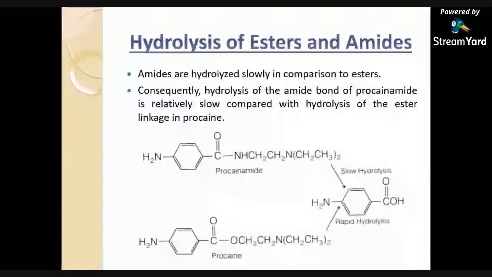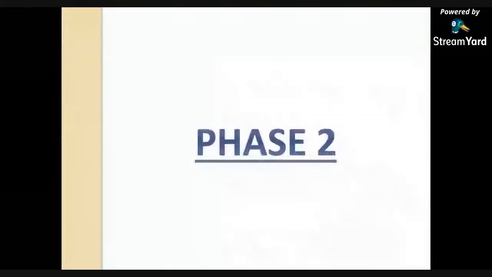So you can see here the two types of products upon slow hydrolysis and upon rapid hydrolysis. If slow hydrolysis occurs, you will find procainamide, and if rapid hydrolysis occurs, then you will find the procaine moiety. So up to here, this is all about the phase 1 reactions.